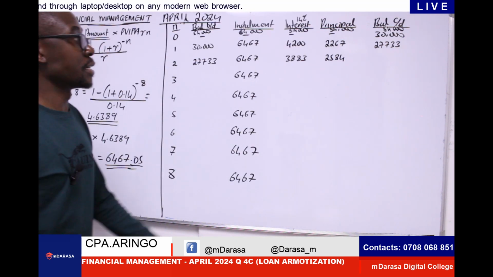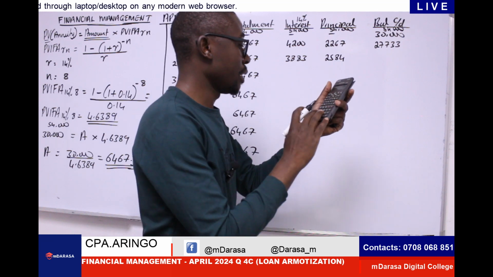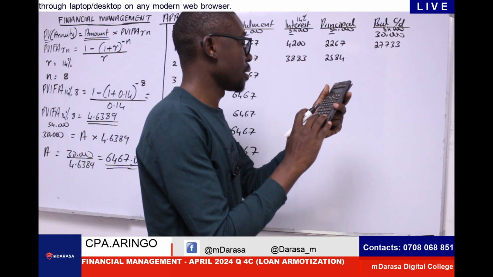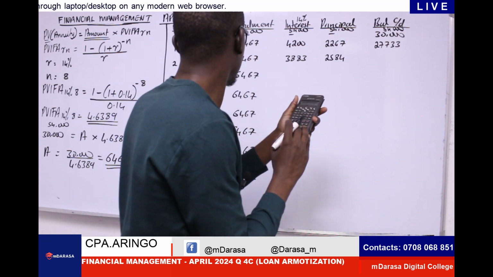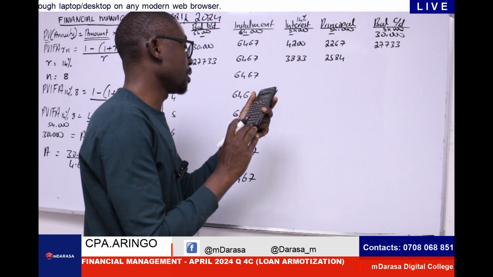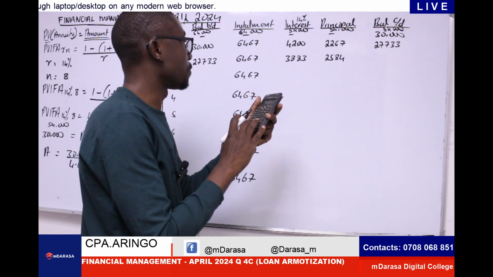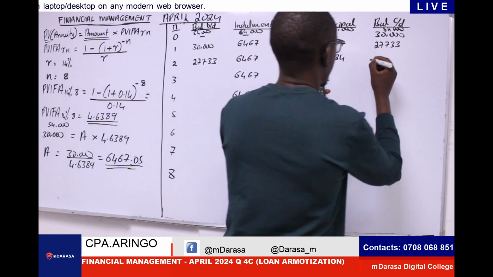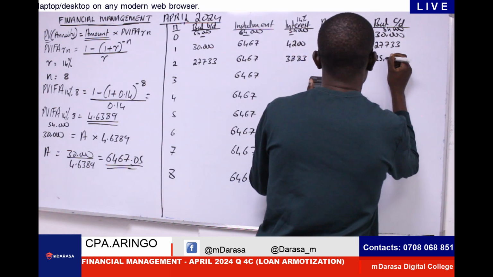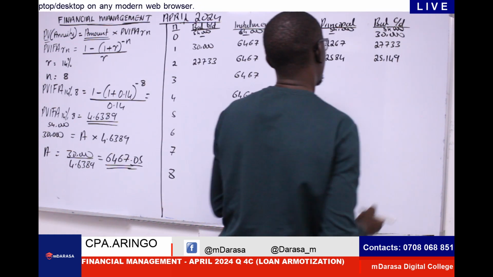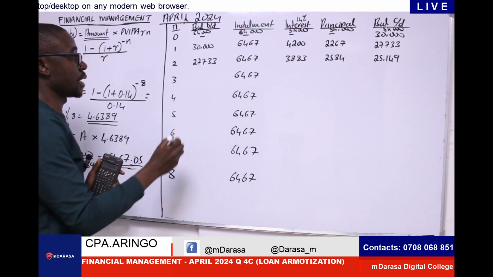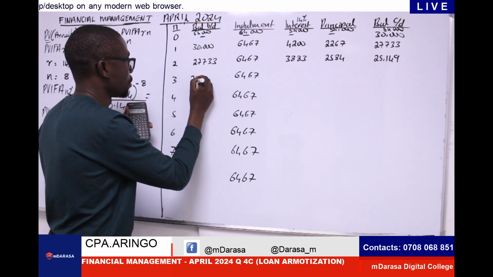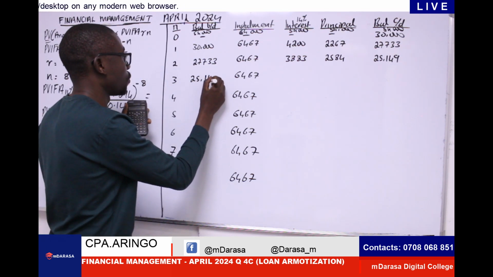My balance carried down, therefore, will be 27,733 minus 2584, right? To give us 25,149. Good. So we come and have year 3, 25,149.